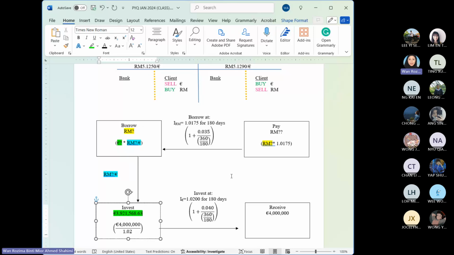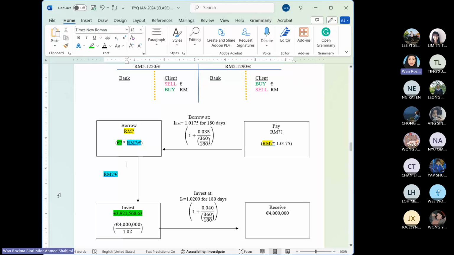This is how much we need to invest, to make sure 180 days from now, we will get the investment return plus the principal, exactly 4 million, just exactly like your account payables amount.